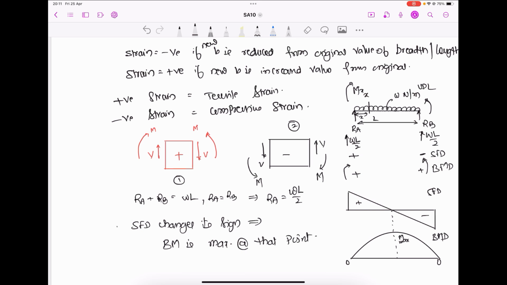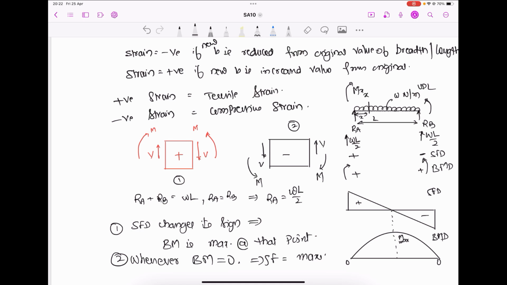And whenever bending moment is equal to 0, that implies shear force SF is maximum. Please remember these two rules.